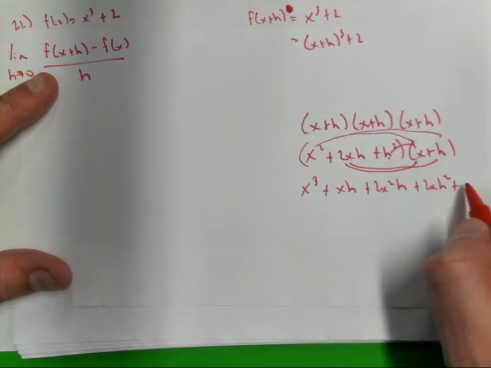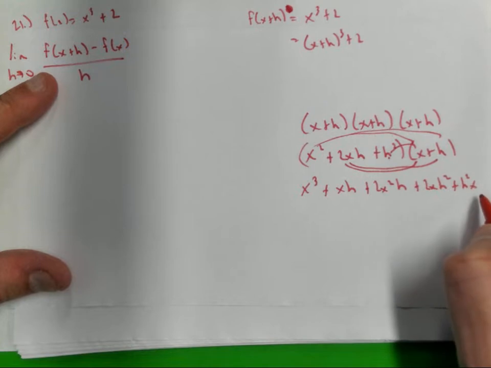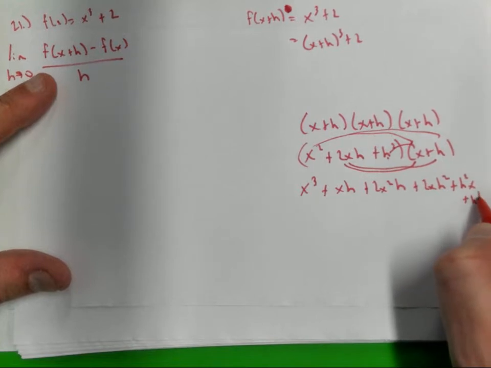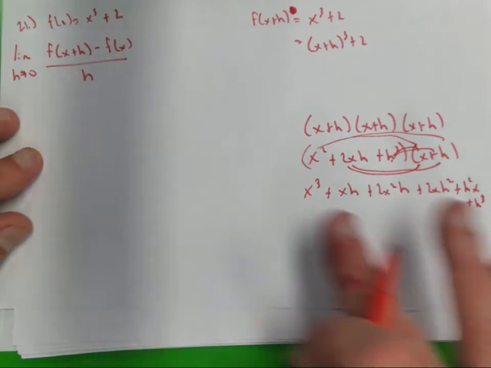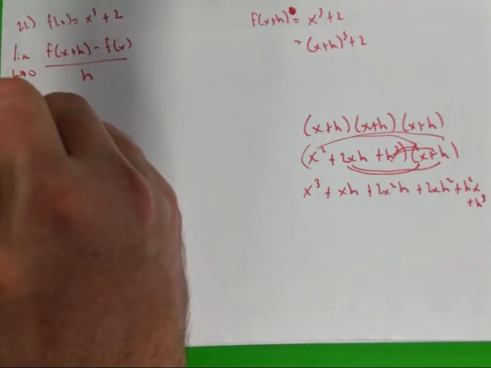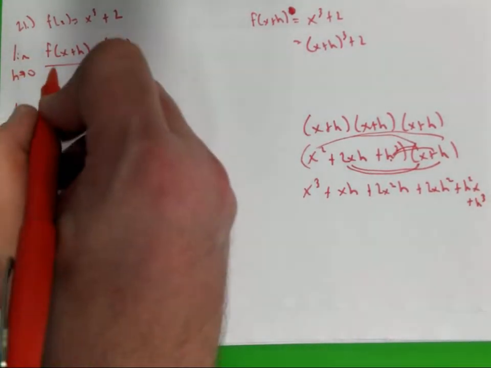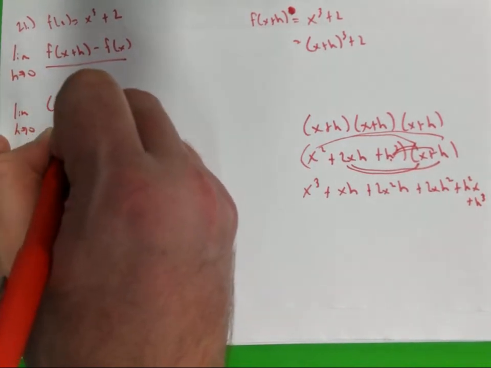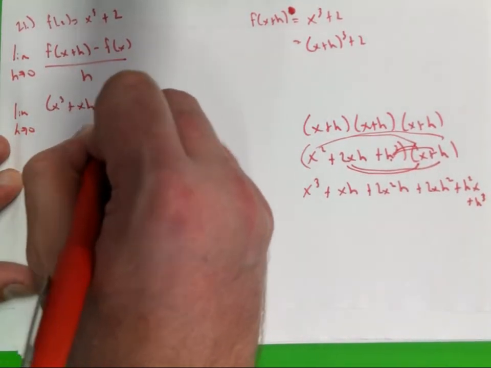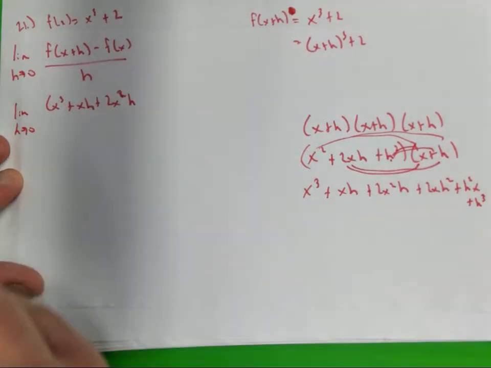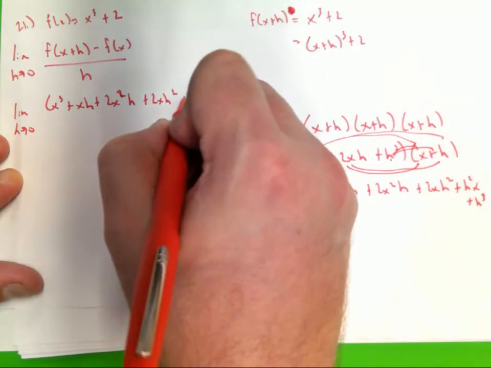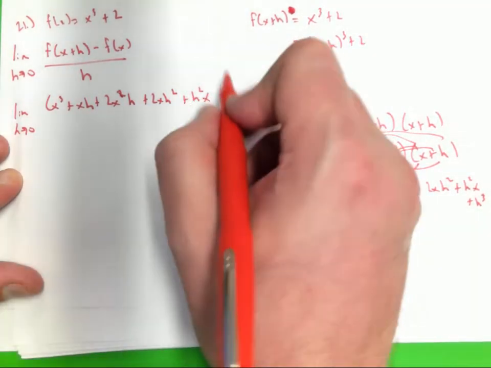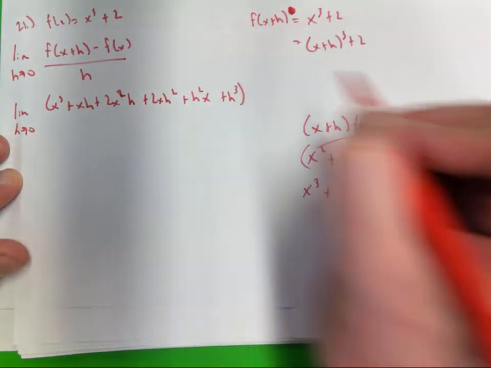Now plus h squared x plus h cubed. Plug that in here. The limit as h approaches 0 of x cubed plus x squared h plus 2x squared h plus 2xh squared plus h squared x plus h cubed.